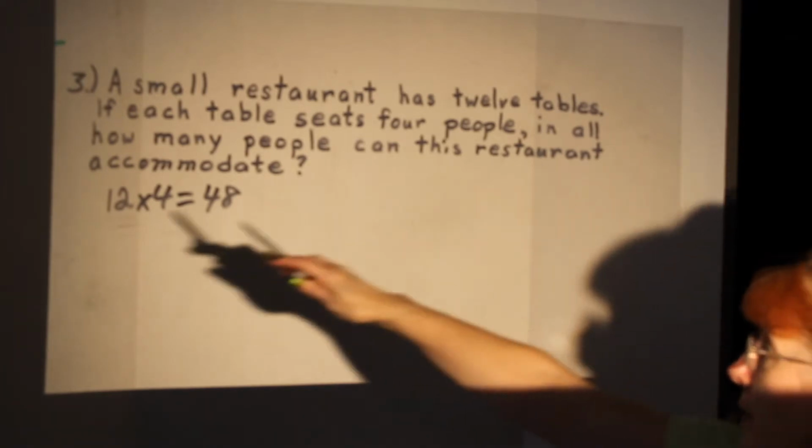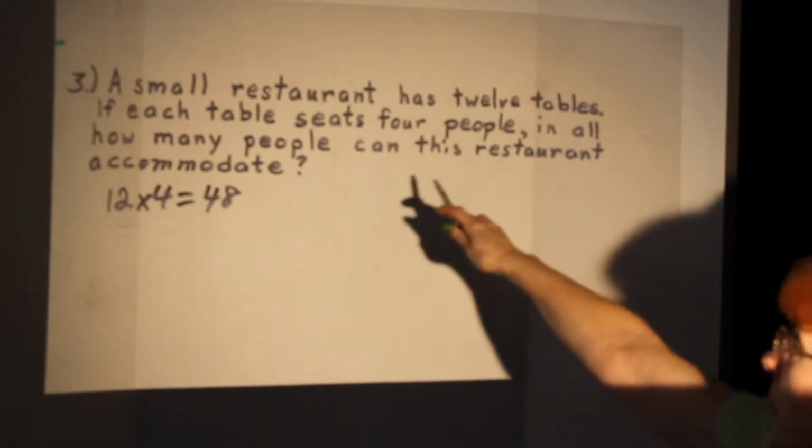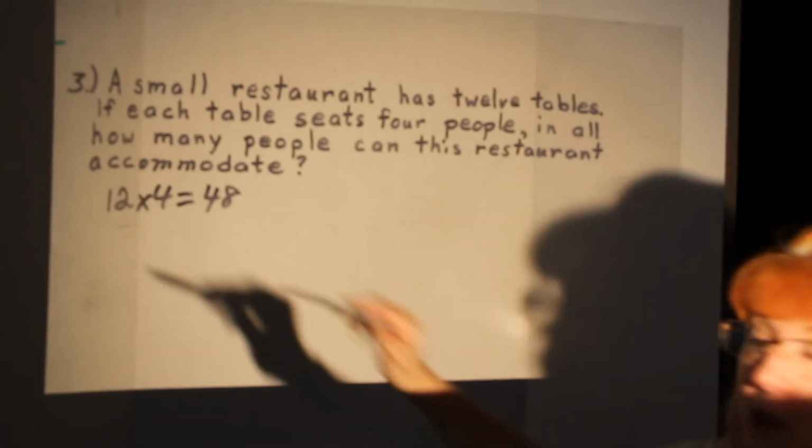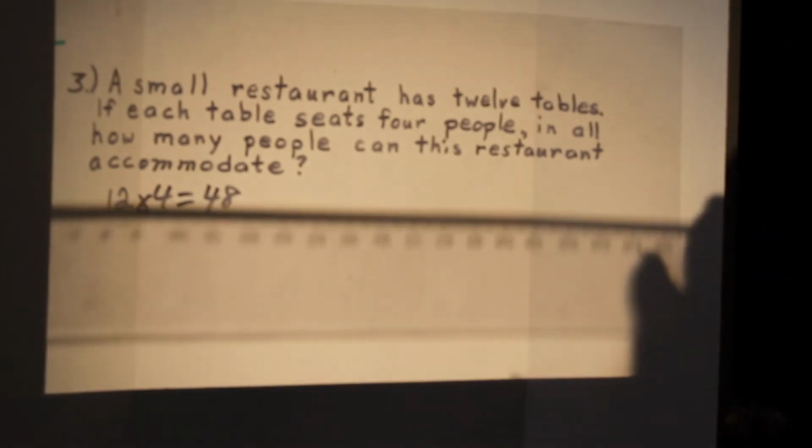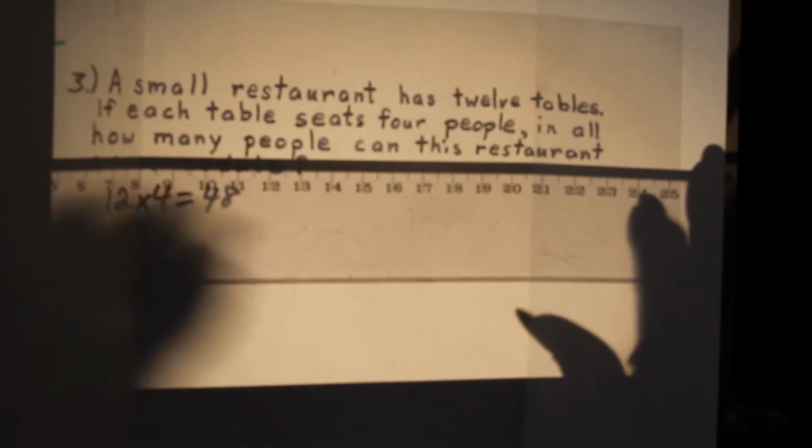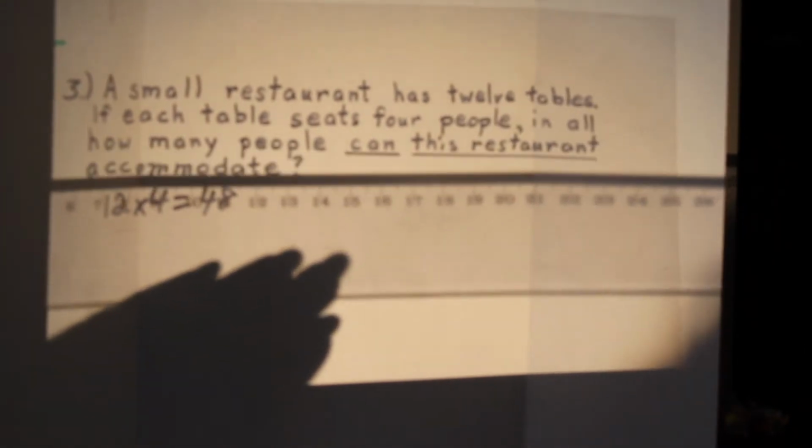This restaurant can accommodate. So we're going to use this word can, but we're going to switch its order a little bit. Alright, so I'm underlining can separately. This restaurant accommodate.